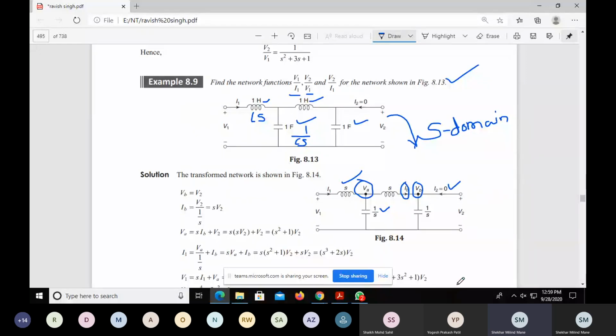In the same way, we have to follow the steps. We have to write VB first in terms of V2, then IB in terms of V2, then VA in terms of V2.